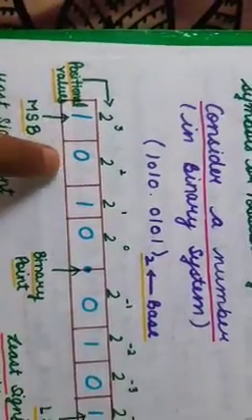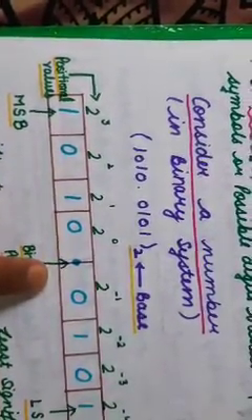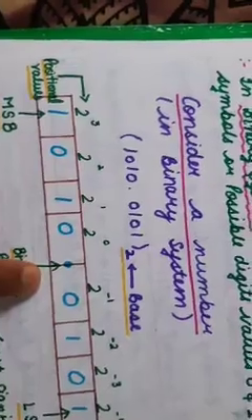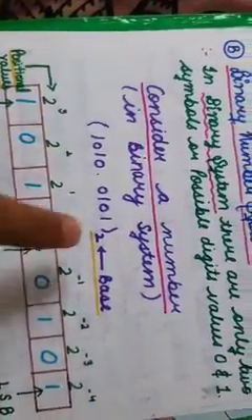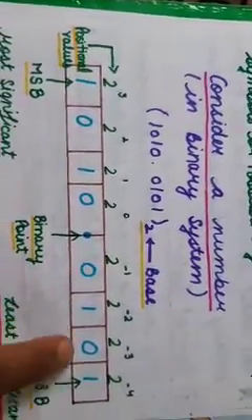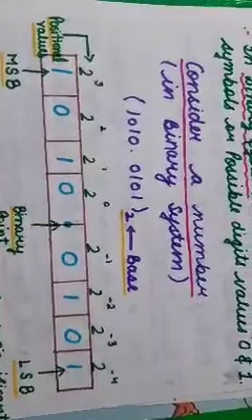Represent 1010. The middle point is the decimal point. In case of the decimal number system we say the decimal point. In case of the binary number system we say the binary point. This is also called the MSB, most significant bit, and the least significant bit.